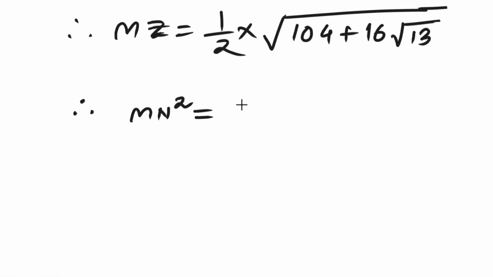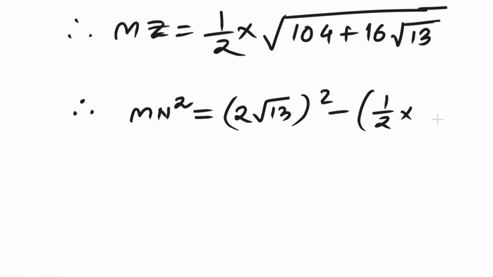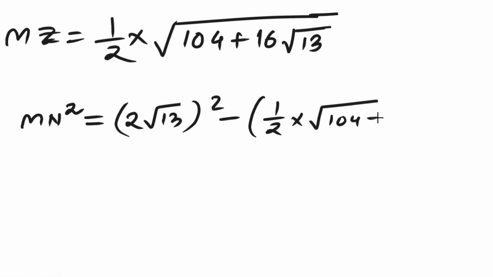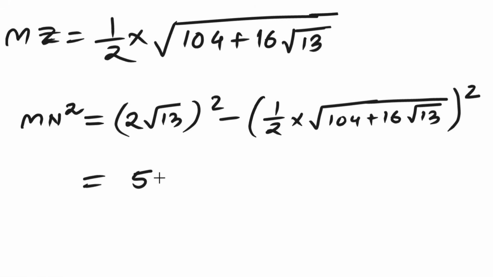MN squared equals the quantity 2 times the square root of 13 whole squared, minus the quantity 1/2 multiplied by the square root of the quantity 104 plus 16 times the square root of 13 whole squared. The first term becomes 52.